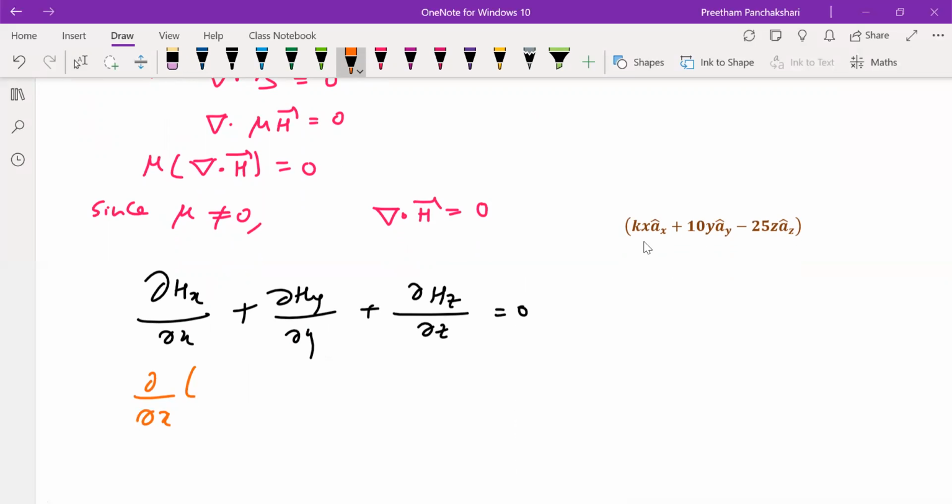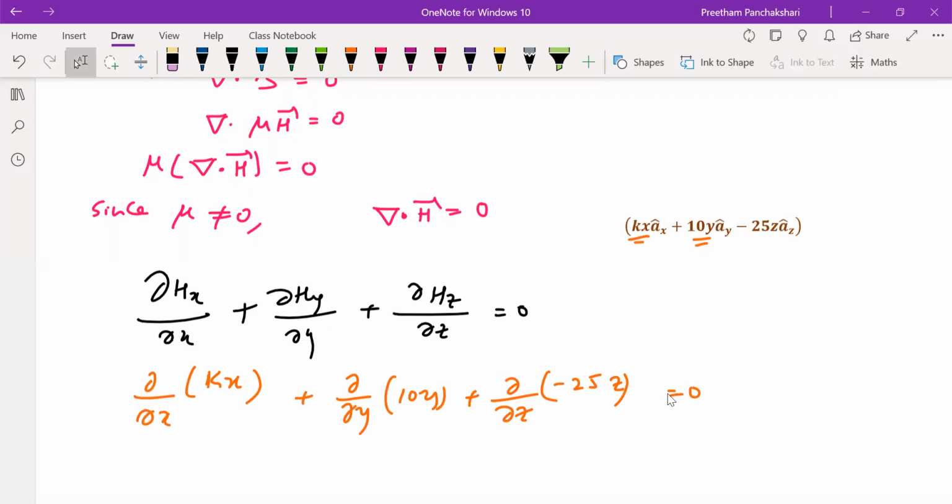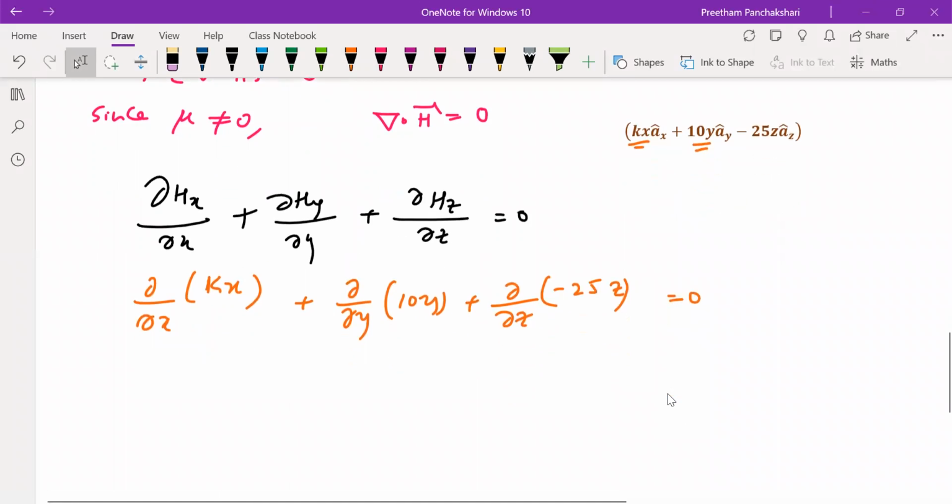Hx, this is Hx, Kx is the Hx value, plus dou by dou y of Hy, the y component, that is 10y, plus dou by dou z of minus 25z is equal to 0. Keep it in mind, dot product, no unit vectors. We have to differentiate component wise.